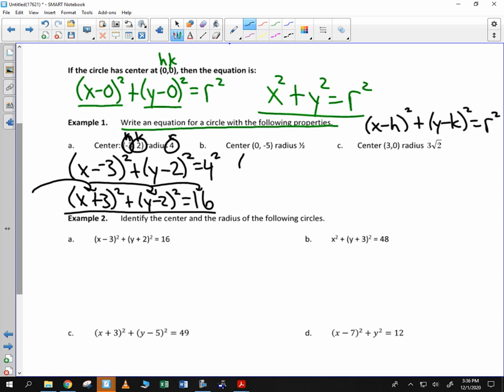The next one, we have (x minus 0) squared plus (y minus -5) squared is (1/2) squared. That becomes x squared plus (y plus 5) squared is, and 1/2 times 1/2 is 1/4.